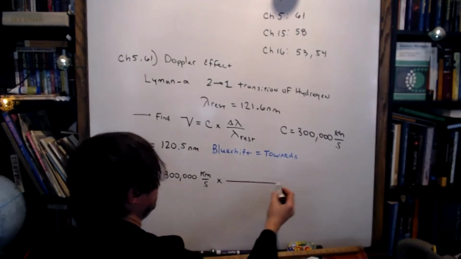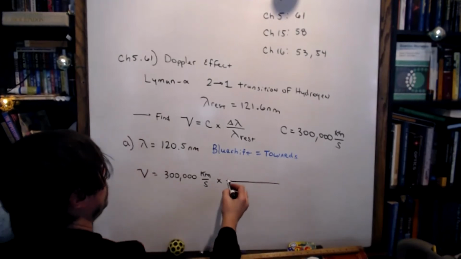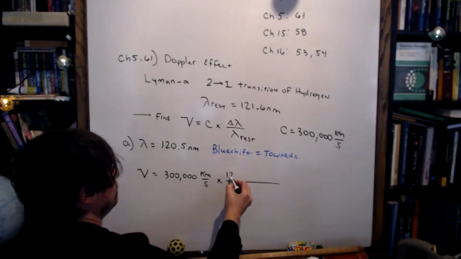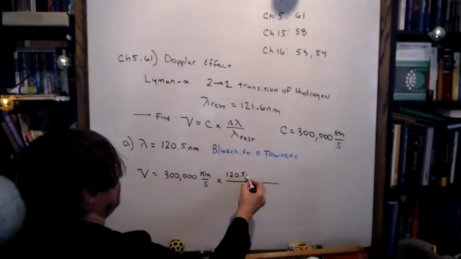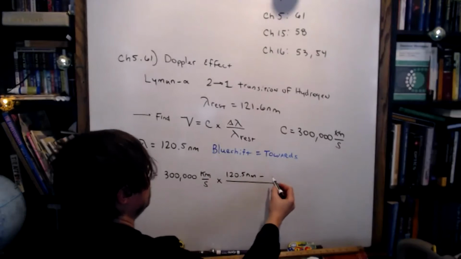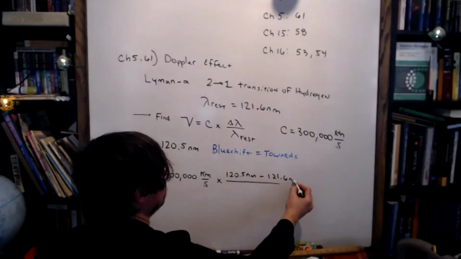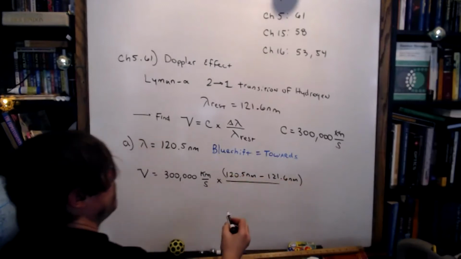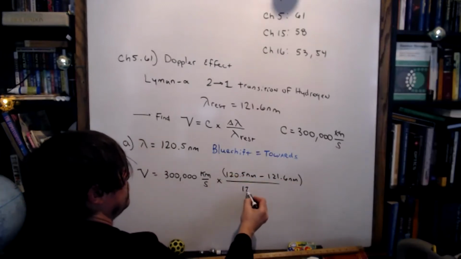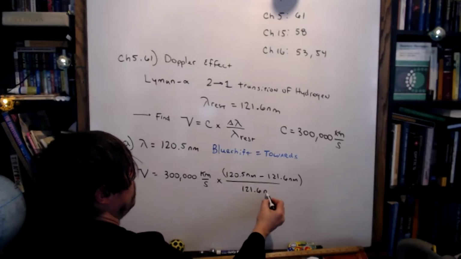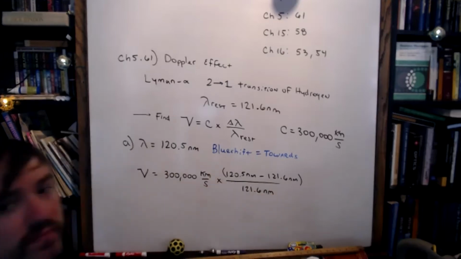let's see, it's 120.5 nanometers minus 121.6 nanometers. We should probably put that in parentheses. Divided by 121.6 nanometers.